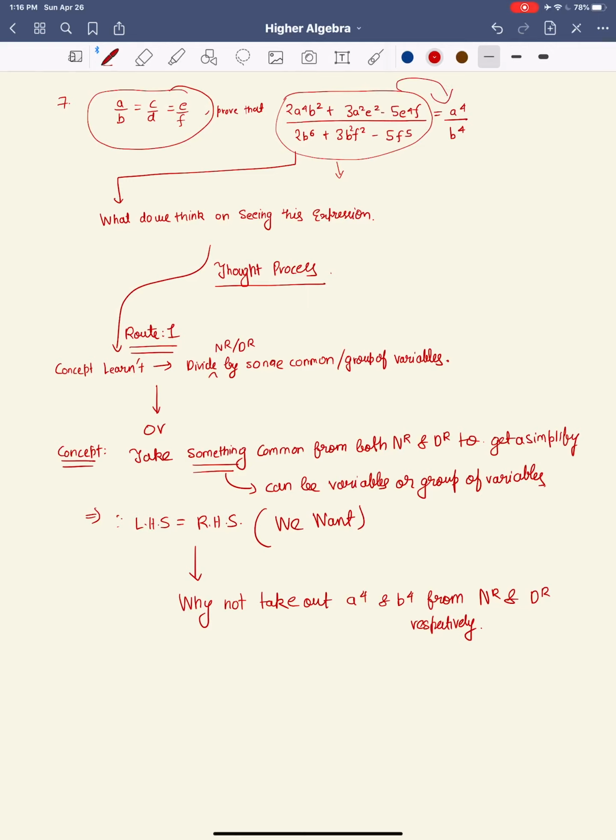So one of the things we can do is take out something common, most probably a guess, a4 and b4 from the numerator and denominator respectively. Why did we think like that? It's because the numerator and denominator on the right hand side is similar to a4 over b4.